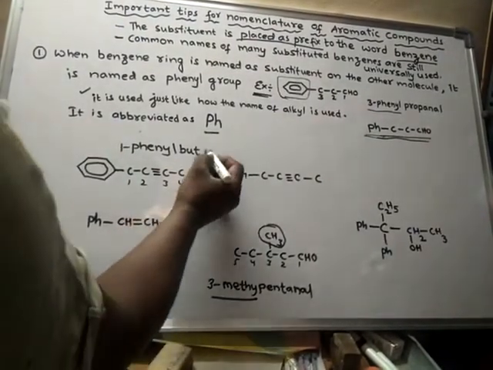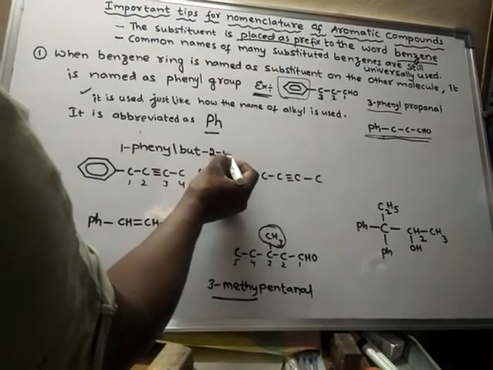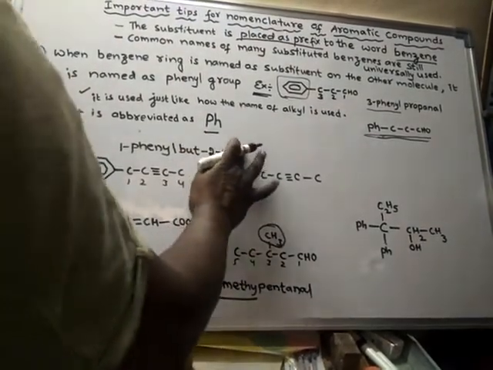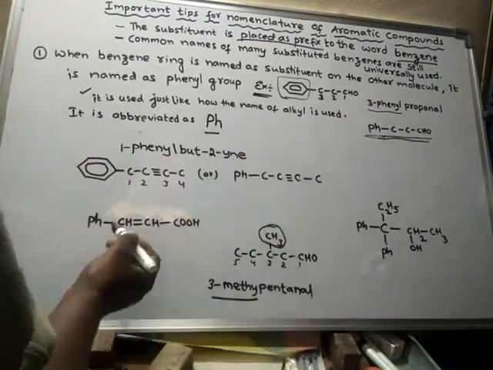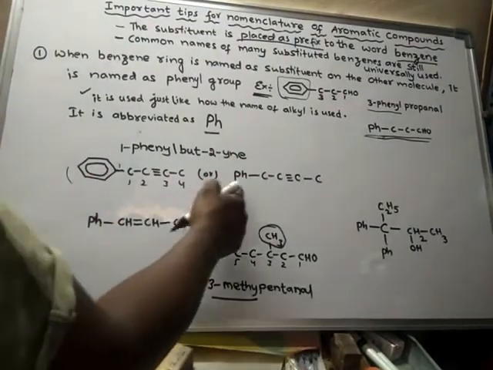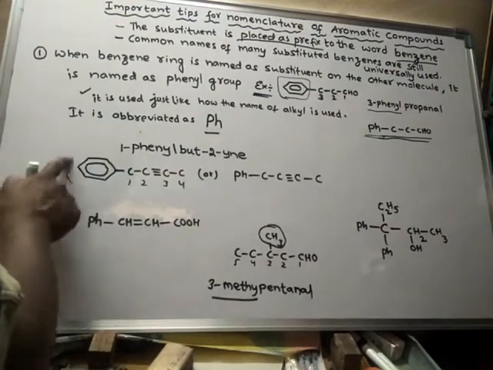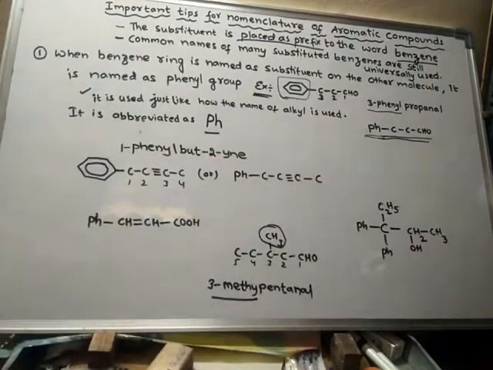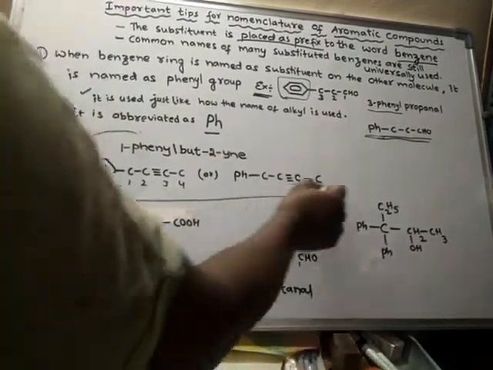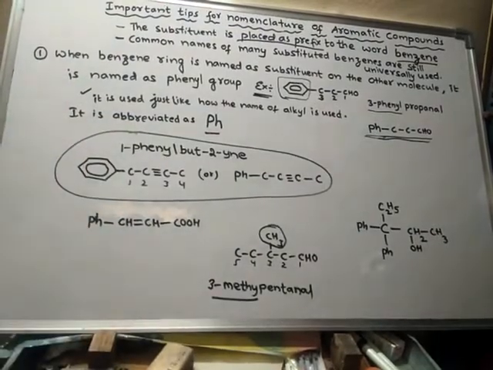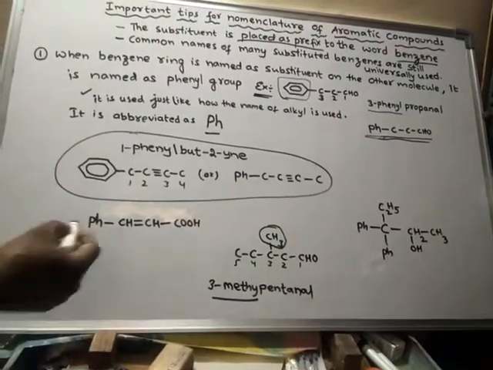On the second carbon. So but-2-ine is the name of the compound. So instead of the benzene ring, we can write Ph in the structure like this. So what is the name of this compound?